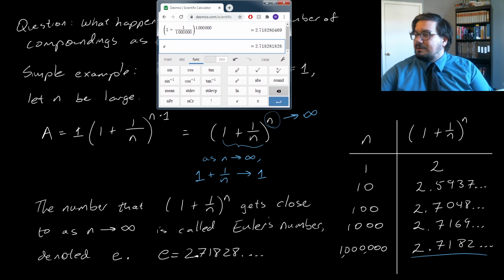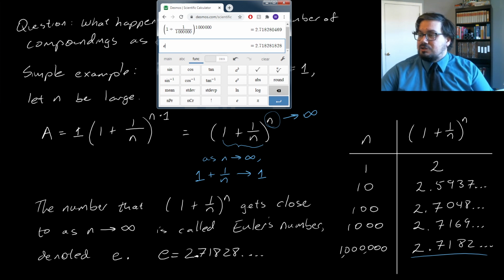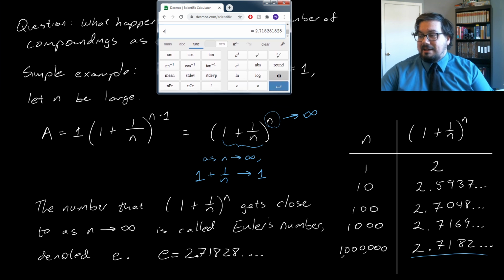They only differ in the 6th decimal place, and if we were to plug in values of n for, say, a billion or a trillion, we would get even closer to the correct value of e.